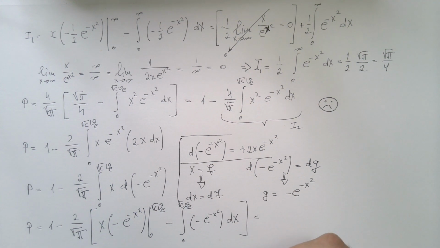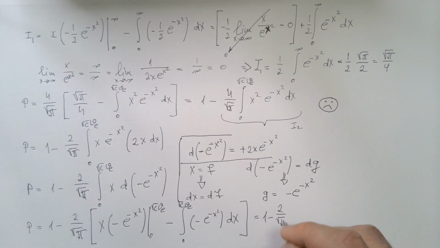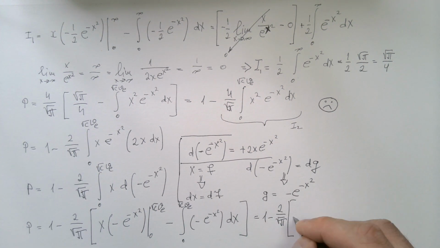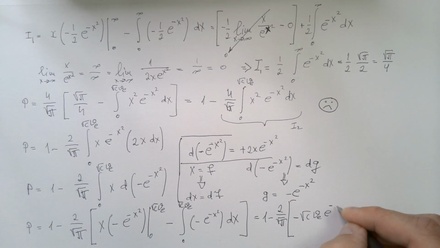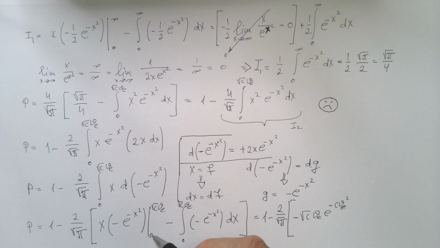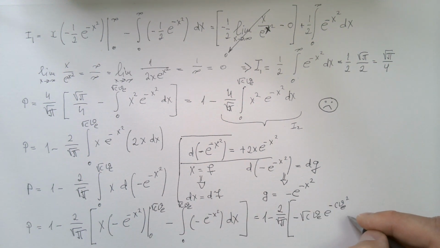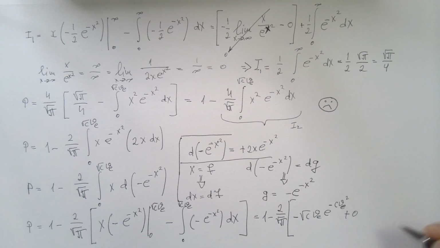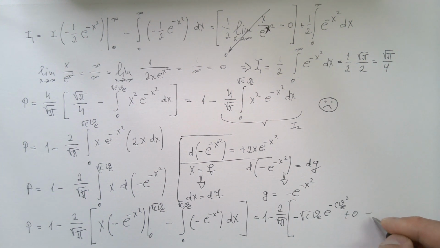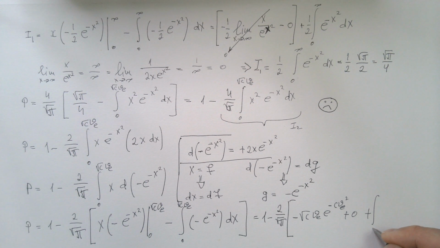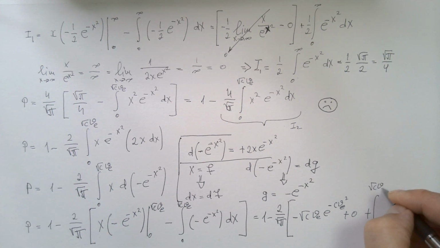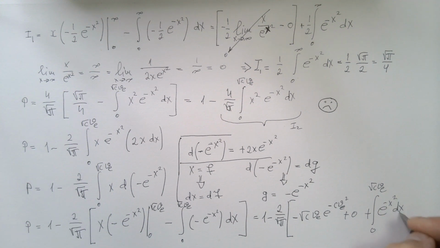Now this is further equal to 1 minus 2 over square root of pi. So I will have negative square root of c ve e to negative c ve squared, and then when the limit is 0, well, this becomes 0, so it will be minus, and this minus gives me plus 0, and then we have further plus, because this minus and this minus will give me plus, integral between 0 and square root of c ve e to negative x squared dx.